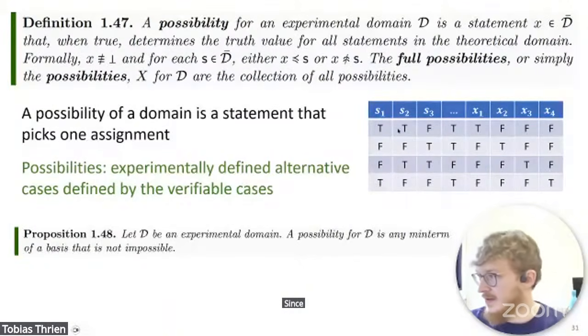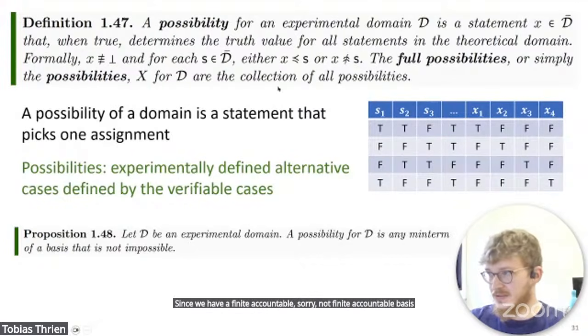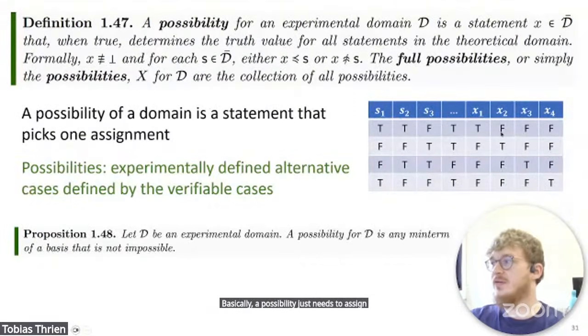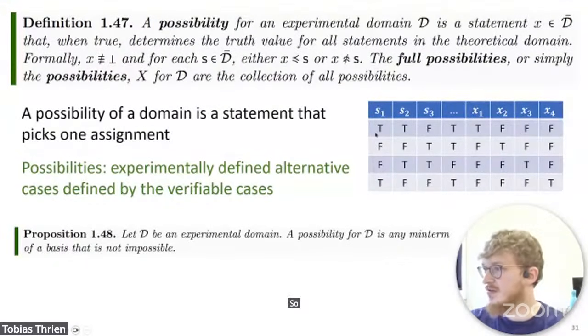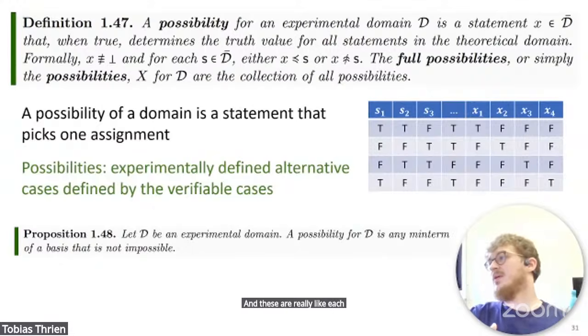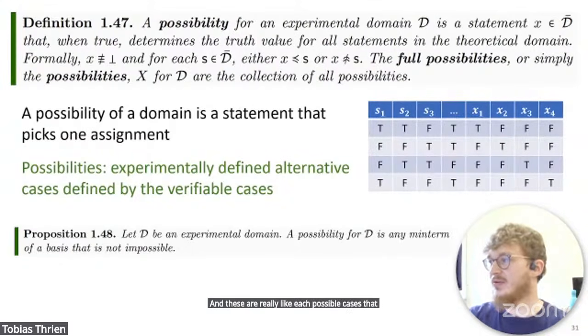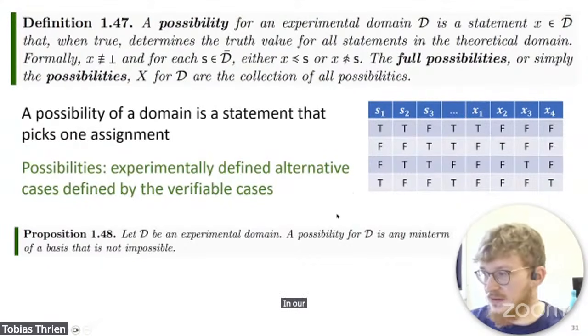Since we have a countable basis, a possibility just needs to assign a truth value to each of these statements. So they're basically a sequence of truths, true and false. And each of these sequences will define one possibility. These are really each possible case that we could encounter by running all these experiments in our basis. Technically this is called a min-term.